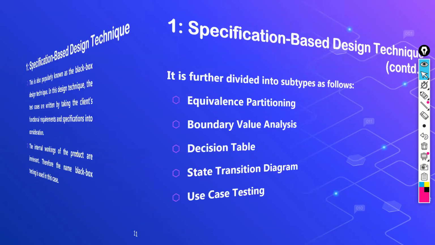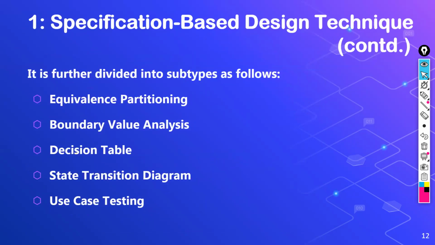First, we'll start with the specification based techniques, where we have these subtypes. First goes equivalence partitioning. Equivalence partitioning and boundary value analysis both go hand in hand.